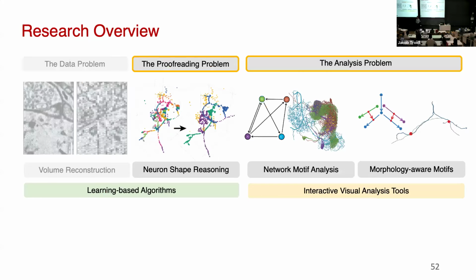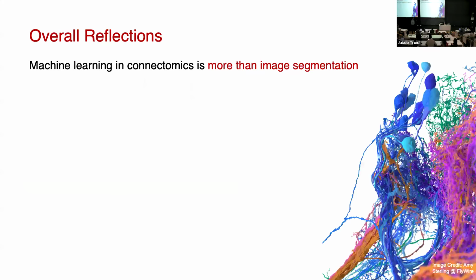Okay, so I've talked to you about three of my contributions on the proofreading problem and the analysis problem. And now I want to offer some overall reflections on the work that I've been doing. The first one is that I really think that machine learning in connectomics is much more than image segmentation.